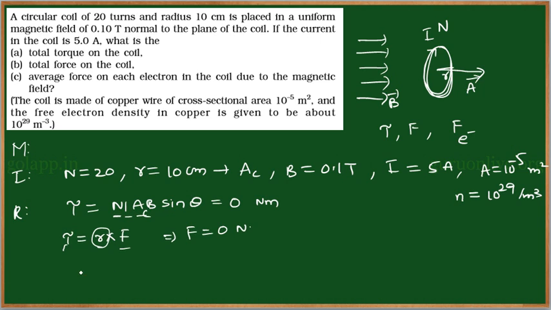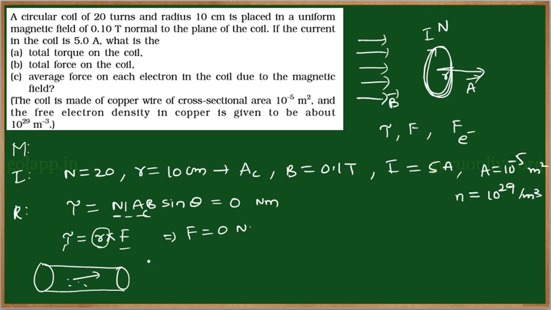Now come to the average force on each electron. For this we need to consider the microscopic properties of the copper wire. Electrons are moving with some velocity, which we can consider as the drift velocity. So when an electron is moving with drift velocity in a uniform field, we can find the force acting on that electron.